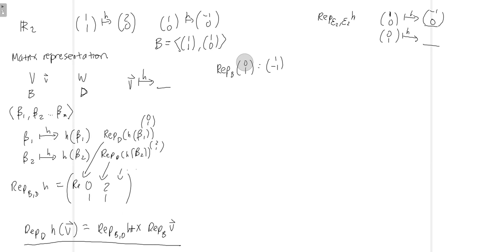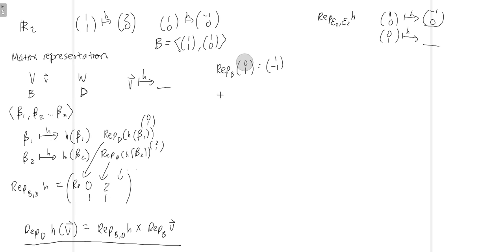This map here will take B to be the same basis, and D here will be the natural basis of vector space W. And then we'll use this same system to find this.